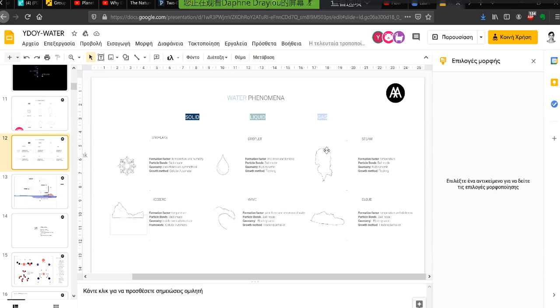Yeah, I really think that this is a really interesting thing, because I like it even better that you call it water phenomenon instead of water as material.